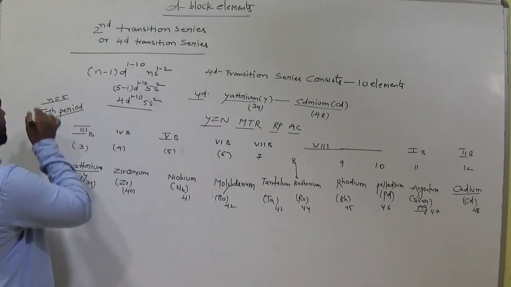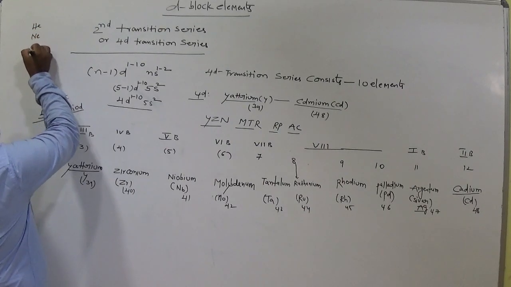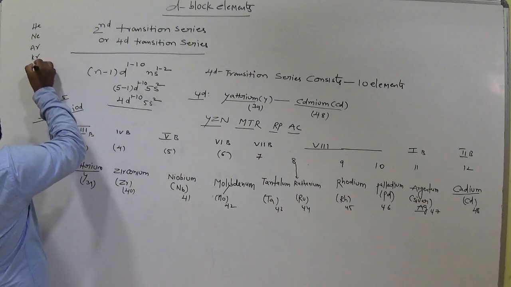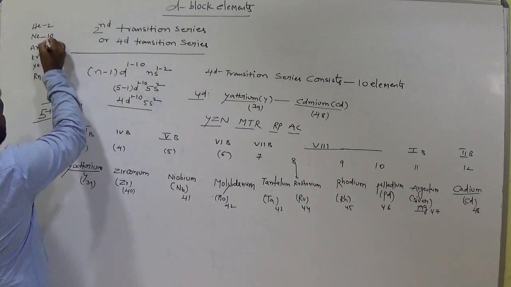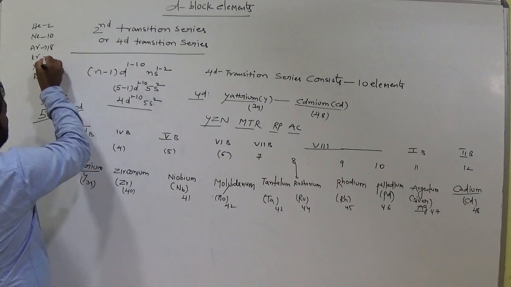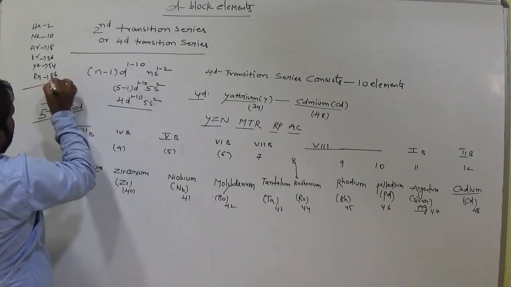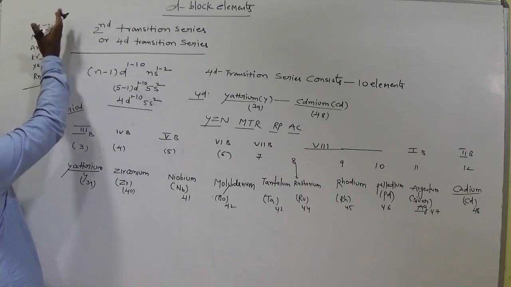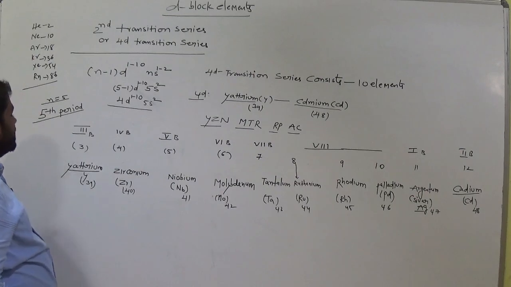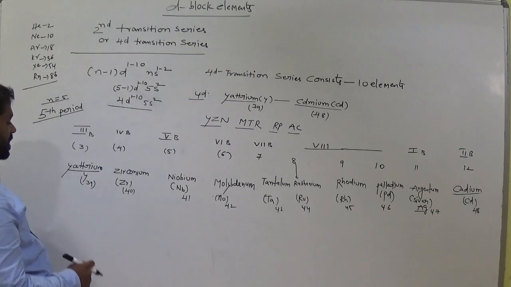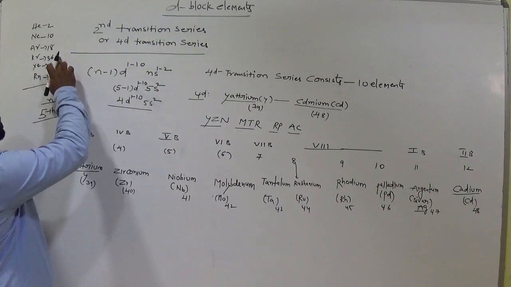Now we have the noble gases: helium 2, neon 10, argon 18, krypton 36, xenon 54, radon 86. These are the atomic numbers of noble gases or inert gases. So let's see now, for 39 the nearest noble gas is krypton.